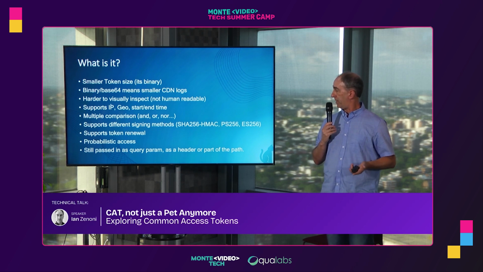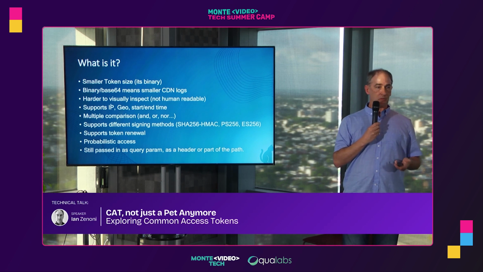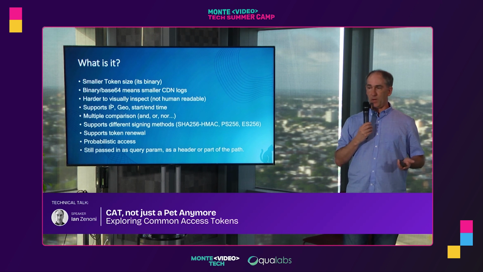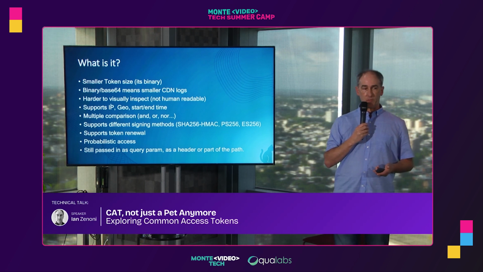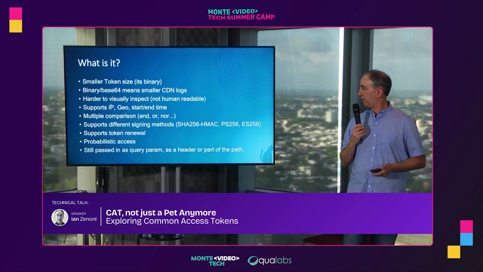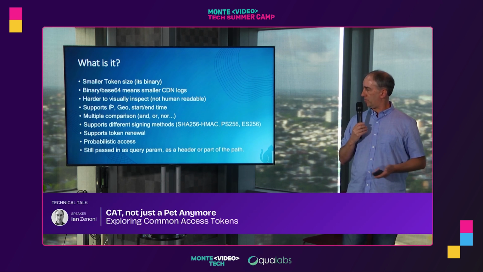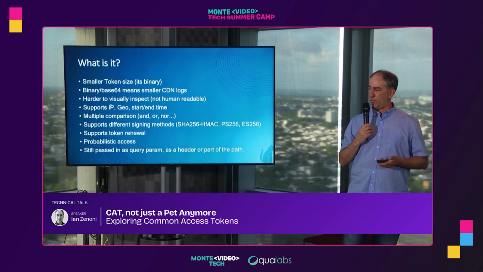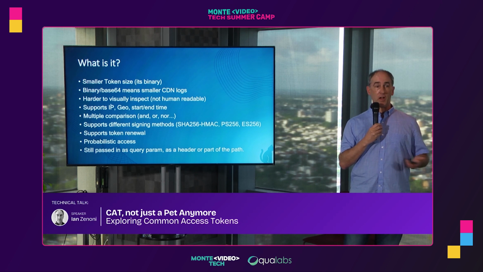It supports different signing methods: the same shared secret SHA-256 HMAC, as well as private public keys, if you want to sign your tokens that way. That's also supported in the spec. It has some support for token renewal and probabilistic access, for being able to reject tokens that are coming in too frequently that should not.